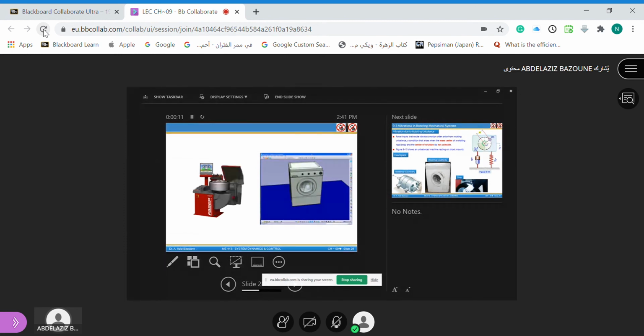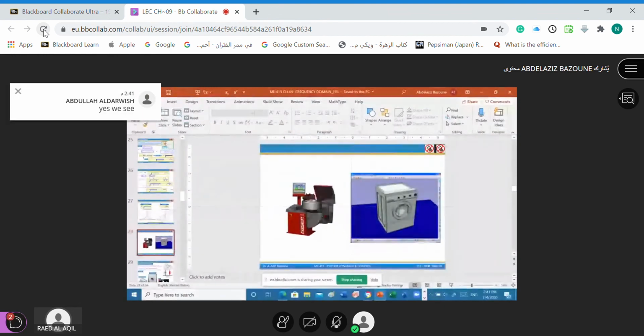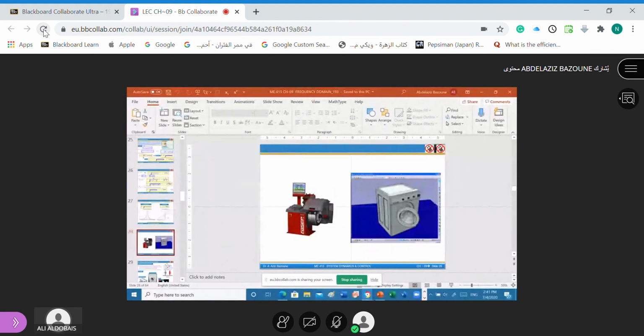And sometimes you also feel that you have rotating imbalance. Do you see what I'm showing you, Shabab? Yes, we see it. Did you see the washing machine vibrating?